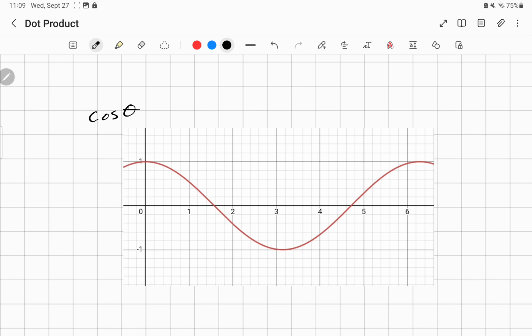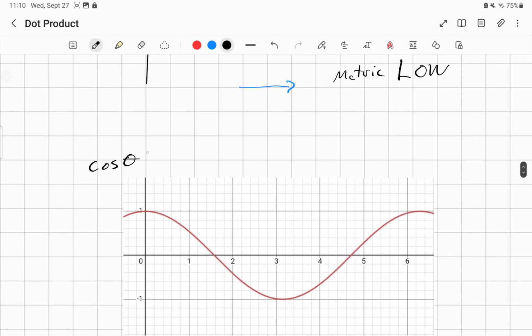But when the angle between them is 90 degrees, then the cosine is going to be 0, okay? So this is one thing that we expect to show up in our metric. We expect the cosine to show up in our metric.